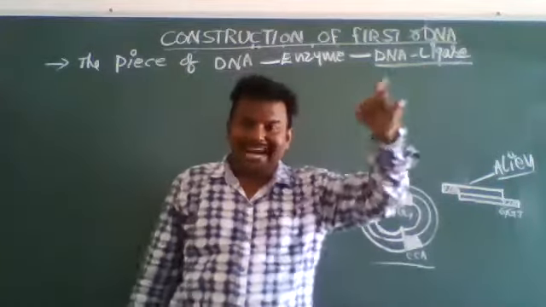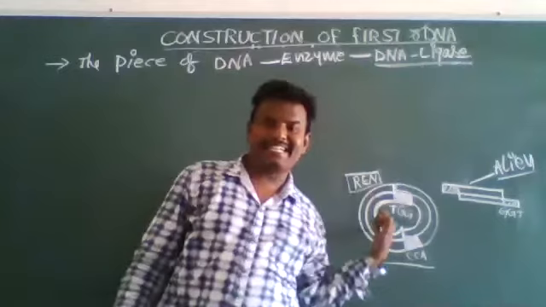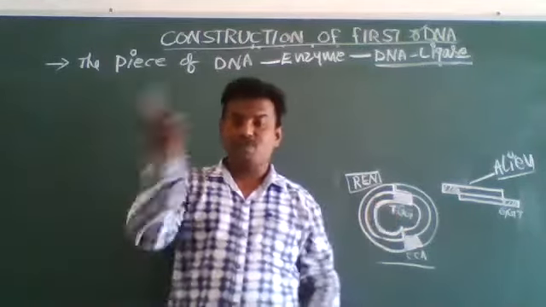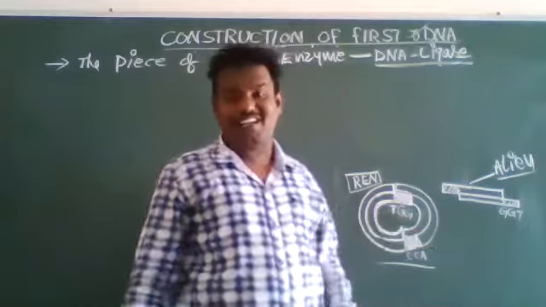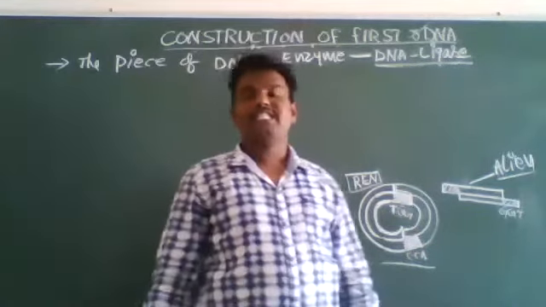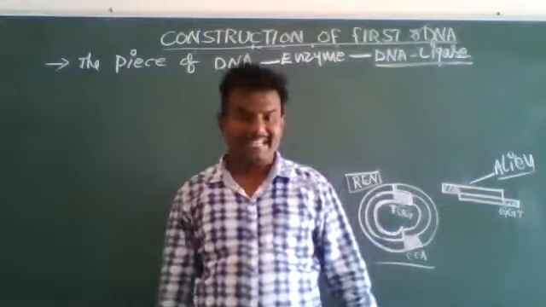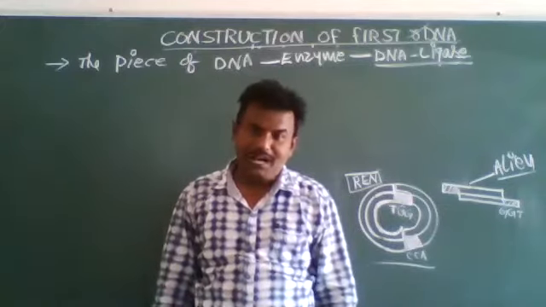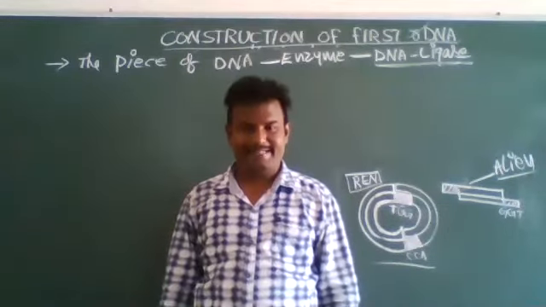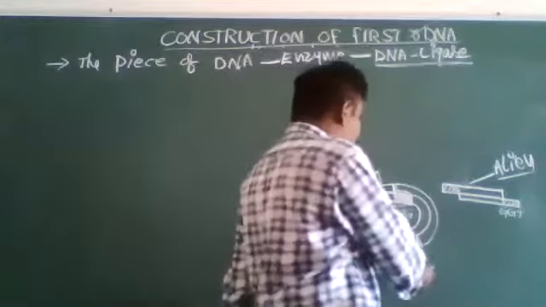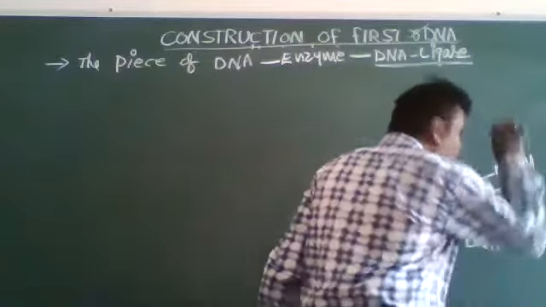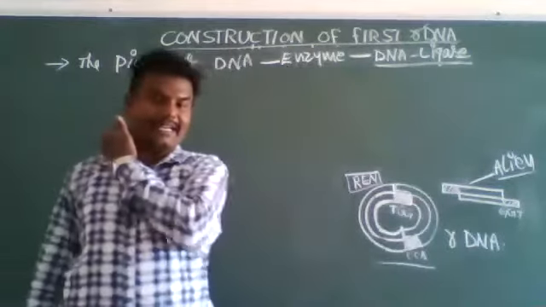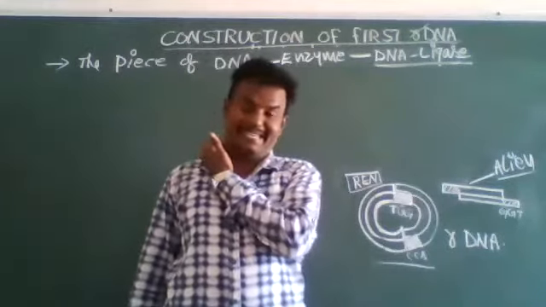That gene is isolated and inserted into the plasmid to form small circular DNA. So this is called recombinant DNA. Okay, that's it.